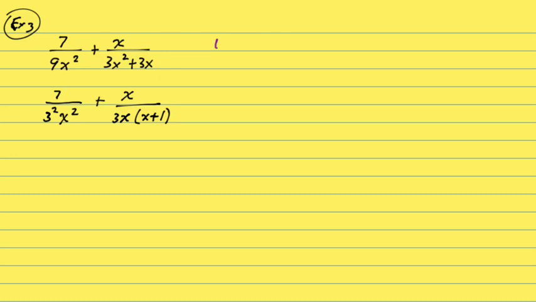Okay, let's find the least common multiple. We want the least common multiple, so I take the highest power of each one. What's the highest power of 3 that you see? 3 to the 2 or 3 to the 1? 3 to the 2 is a bigger power, right? Okay, how about x to the first or x to the second? Which is a higher power?